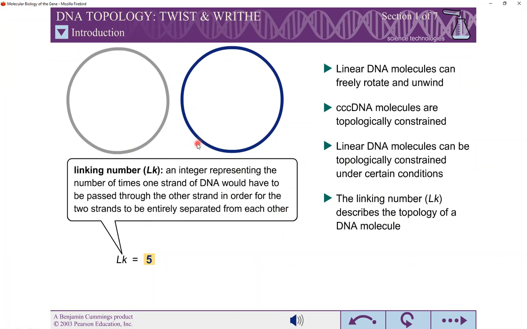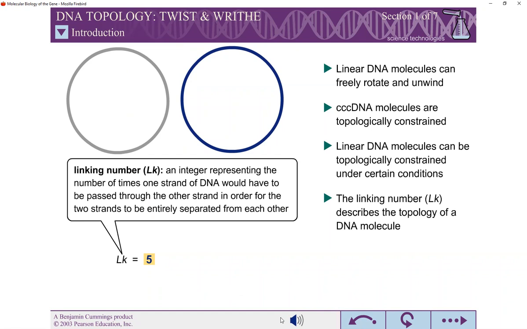The number of times a strand of DNA must be passed over the other strand in order that the two strands of the DNA can be effectively separated from each other is called the linking number.